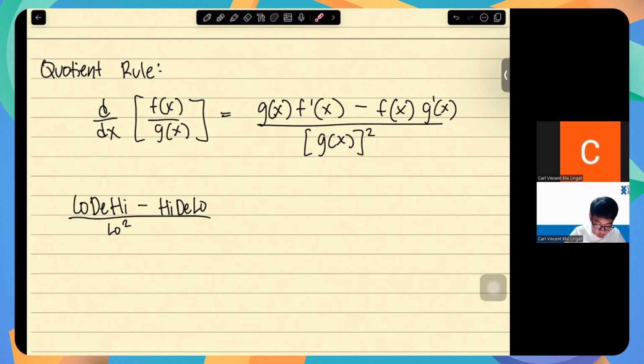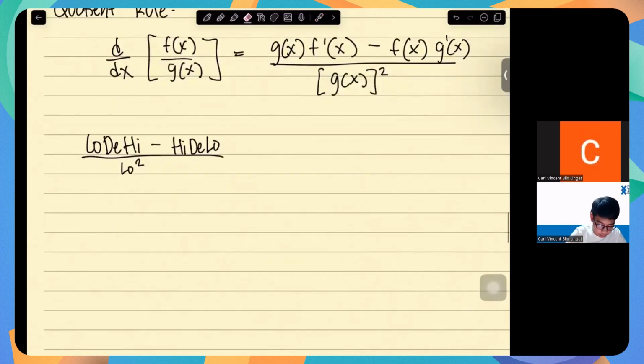So again, low times the derivative of high minus high times the derivative of low over low squared. It's way easier if you use this memorization technique.